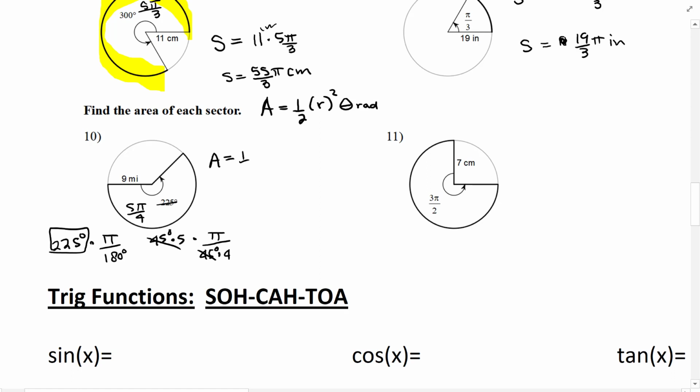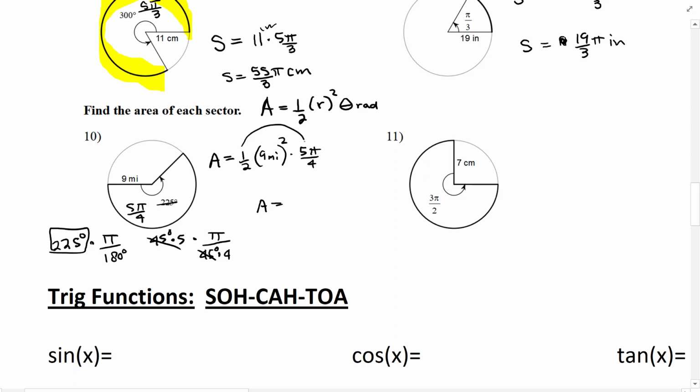All right, and now we can just throw it into the formula. Area equals 1/2 times the radius, which is 9 miles. And I would go ahead and insert the label in there, because you're going to have to remember that in area problems, the label is always squared, times 5 pi fourths. And you can simplify this however you would like.